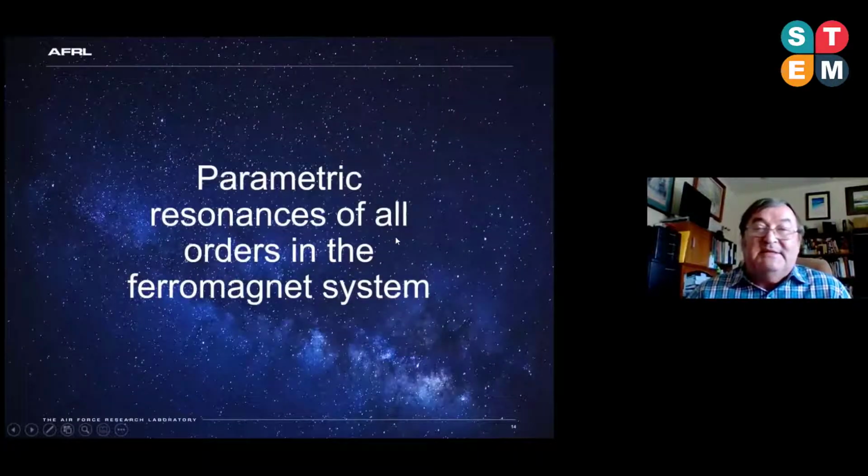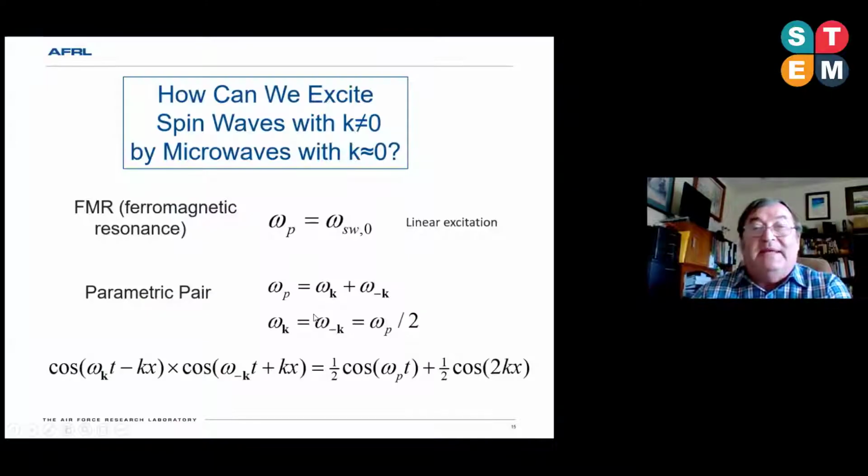Parametric resonances of all orders in a ferromagnetic system, a more complicated case. In the previous case, we considered just uniform rotation of magnetization and neglected spin waves in this grain. But now we consider a thin film or bulk material and spin waves. If we apply a uniform field perpendicular to the magnetization, we can excite linear ferromagnetic resonance.